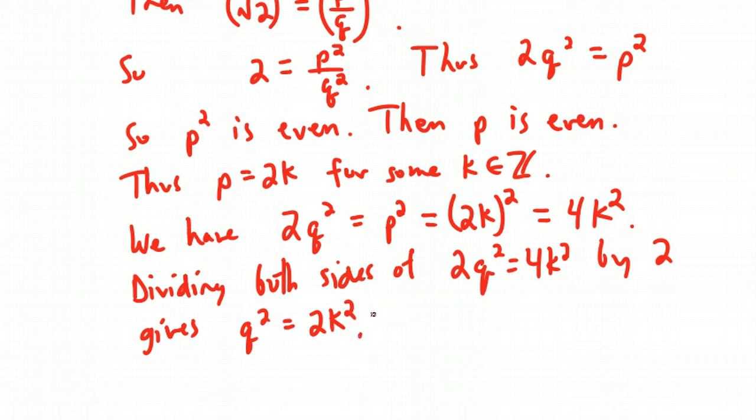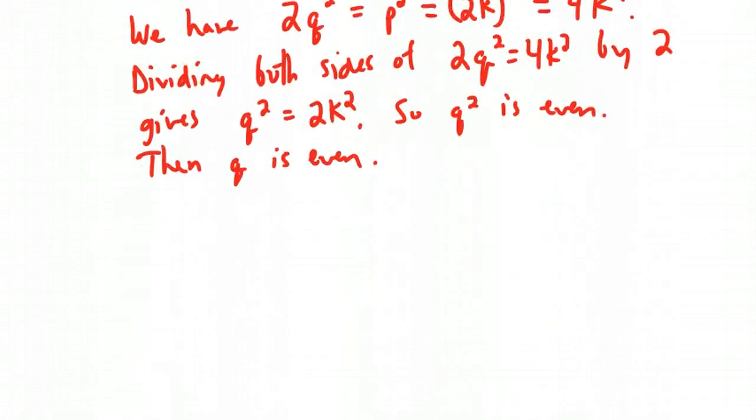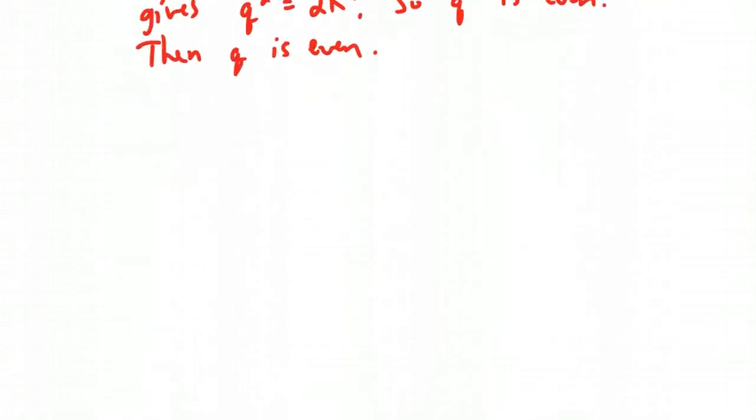Now what this tells us is that q squared is even, because it's equal to 2 times some integer. But again, if q squared is even, then q is even. Now this is actually a contradiction, because p and q are both even.